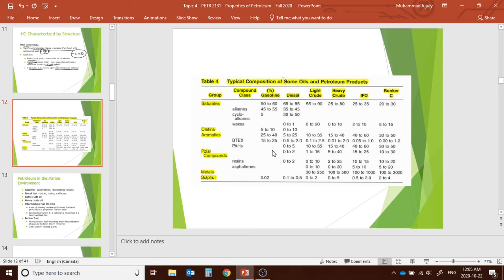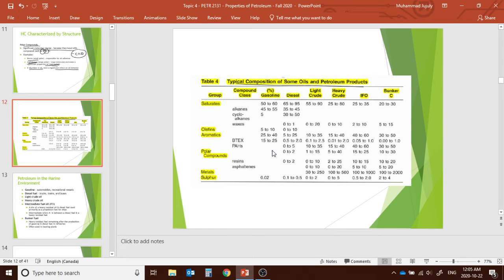Now this is an arbitrary sample of what the composition would be. It's not strict, but there are arbitrary types of composition. So remember that. It's a typical composition of some oil and petroleum products.